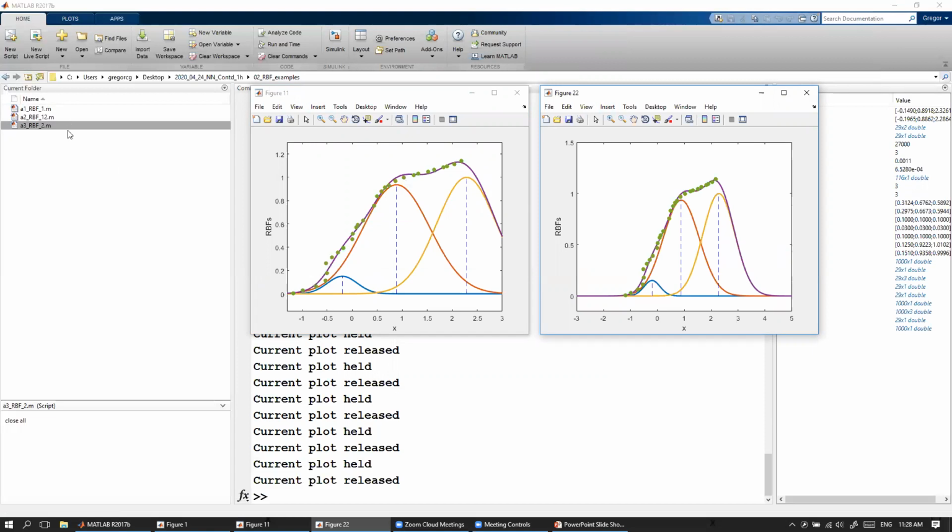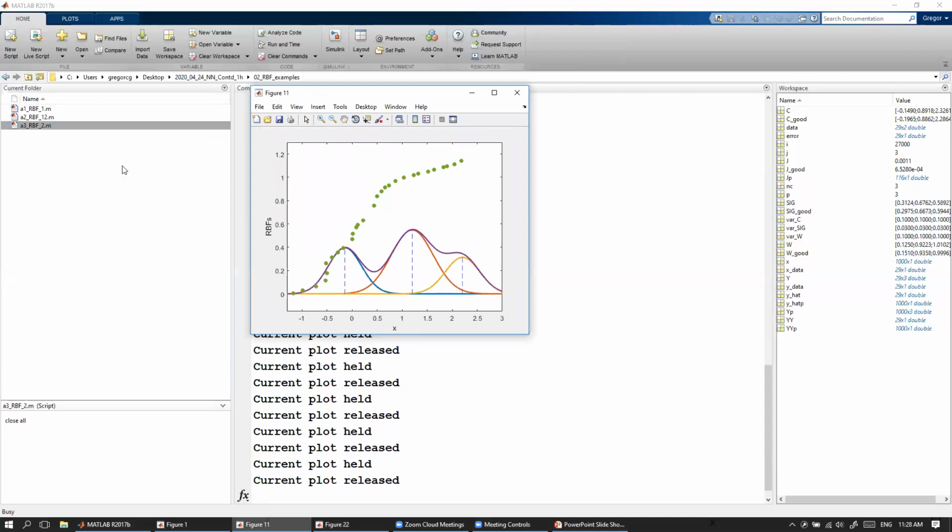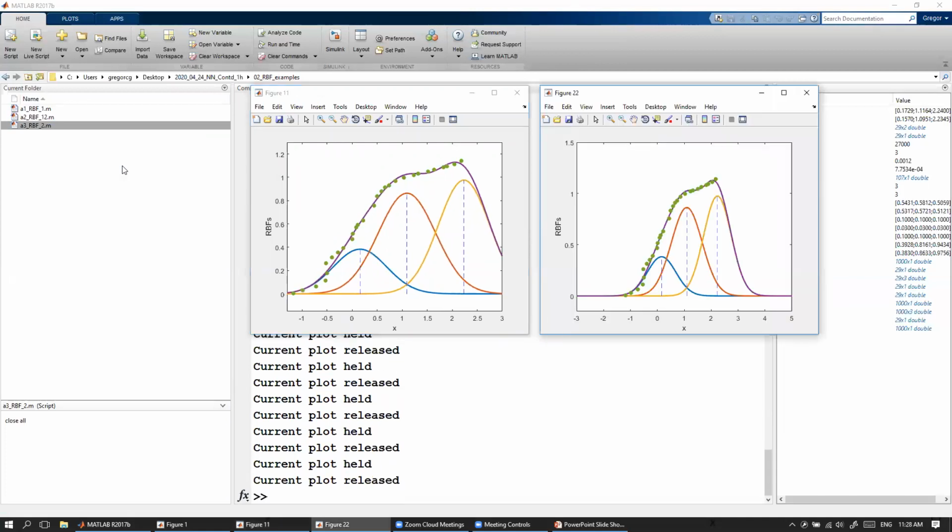I'm going to run that again. You see? The widths, the centers, and the weights move randomly, and then slowly they fit to the data.